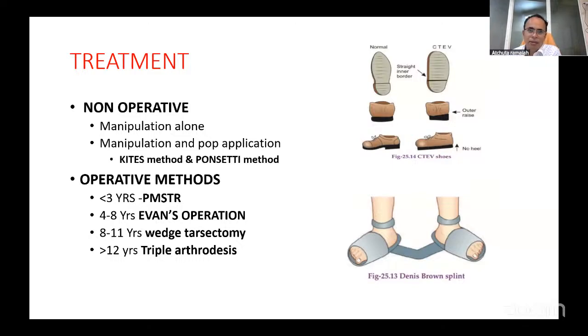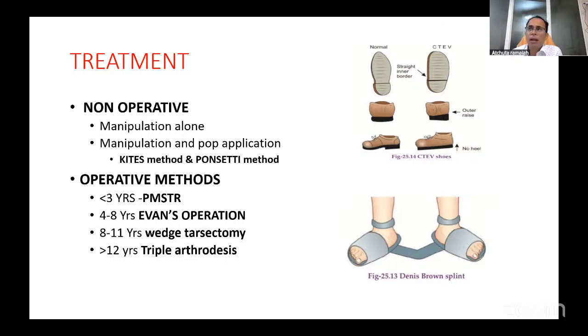But after correcting, the medial concave border should become like a normal plantar arched foot, and the lateral convex border of the foot also should become straight. The cavus deformity and equinus deformity should be corrected and the foot should be in a neutral position.